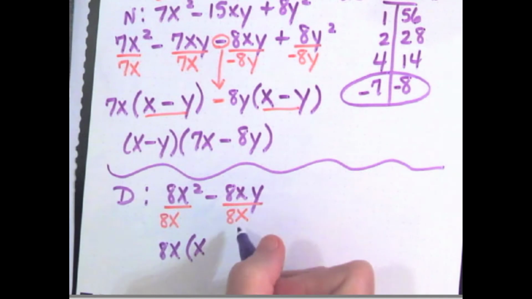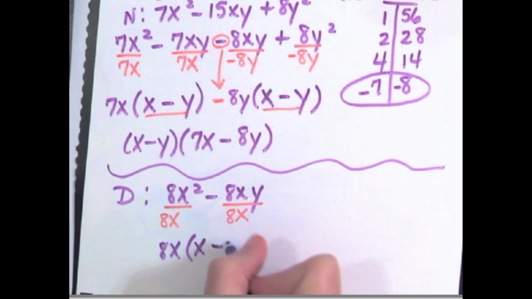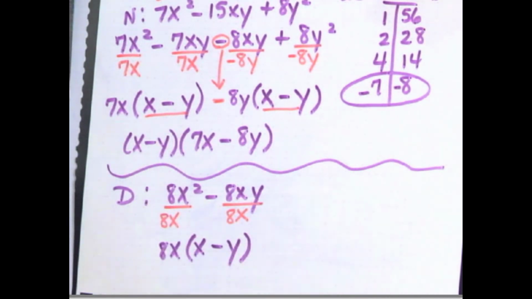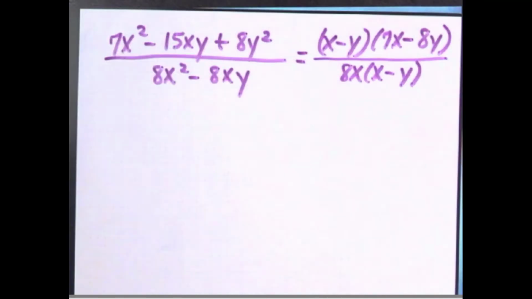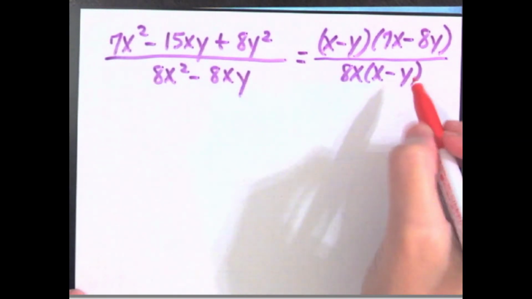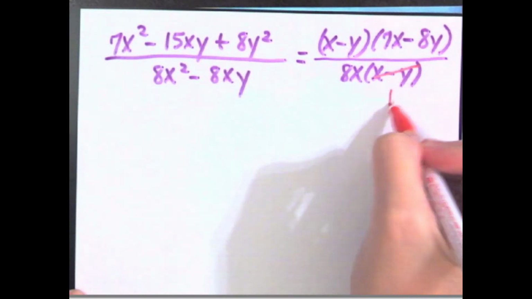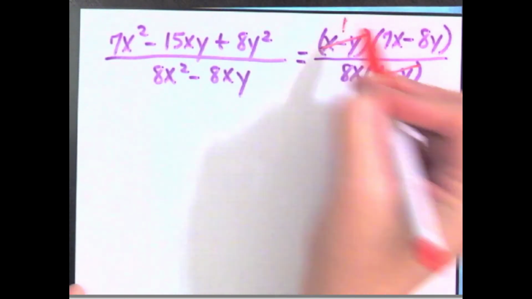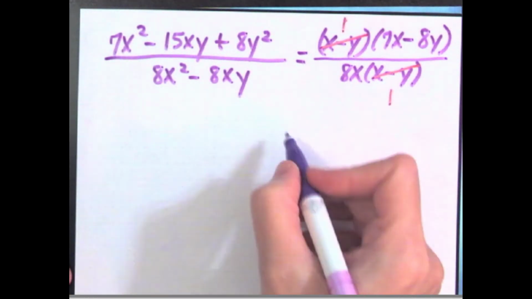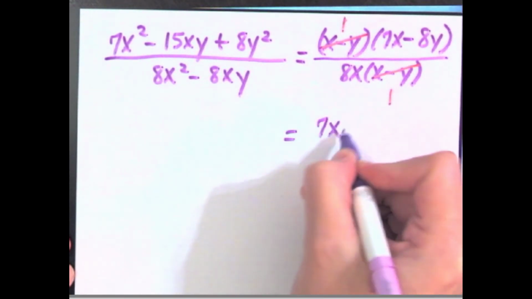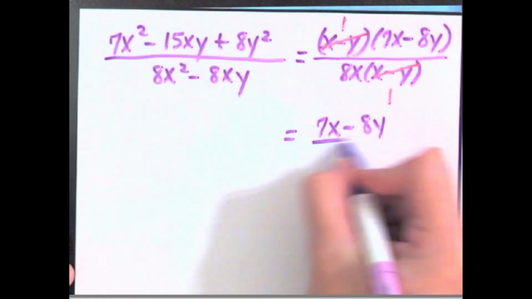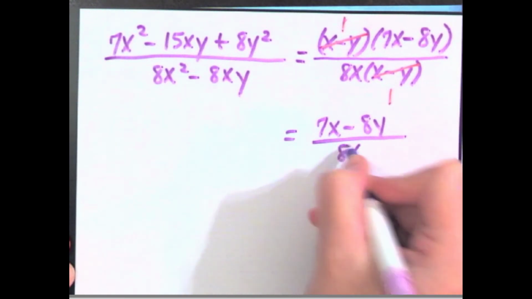And then negative 8xy divided by 8x is y. Now that we've factored the numerator and denominator, we can cancel any like factors. Here I have x minus y divided by x minus y, which leaves me with 7x minus 8y all over 8x.